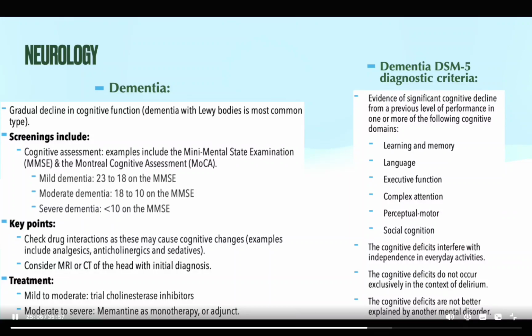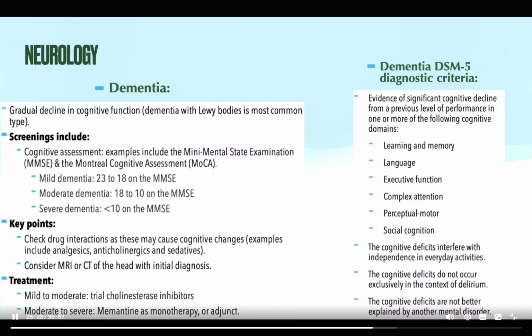So, there's evidence of cognitive decline from a previous level of performance in one or more of the following domains, including learning and memory, language, executive function, complex attention, perceptual-motor, social cognition. So it's a decline in one of those domains from their previous norm.